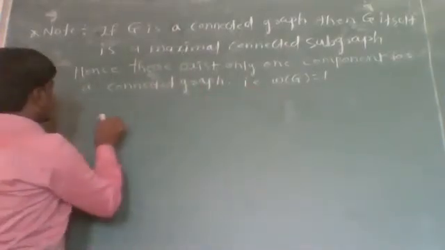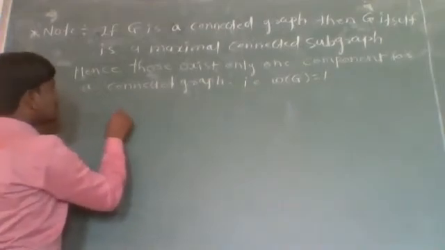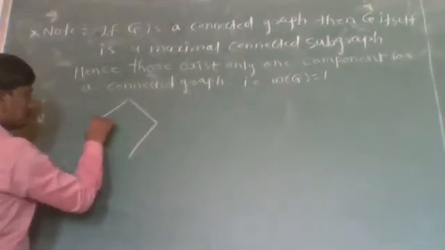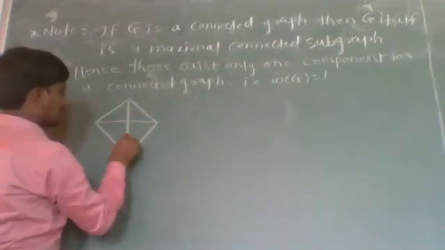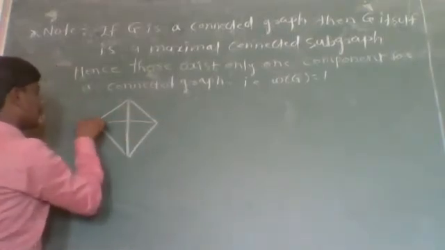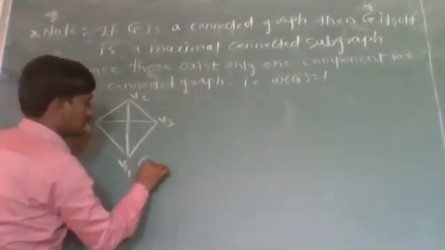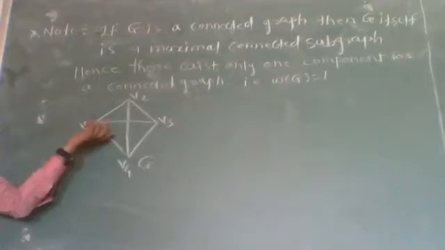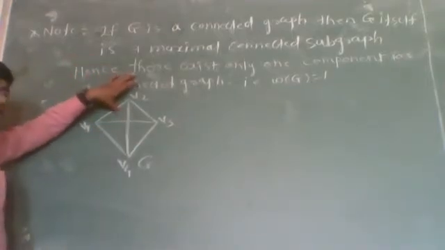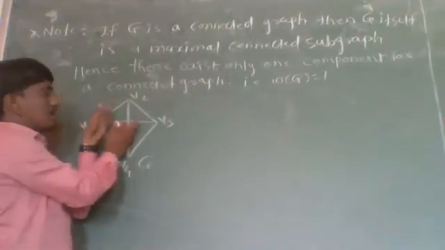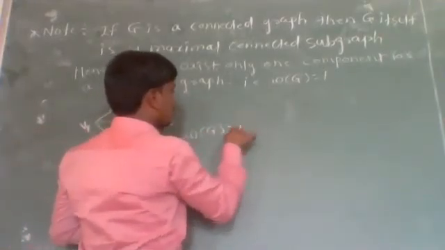Let us take the graph G which is connected. So this graph G has exactly one maximal connected subgraph. So the number of components of this graph G is 1.